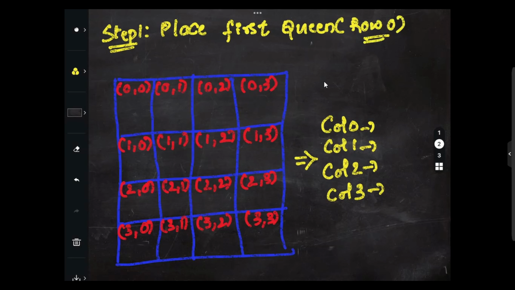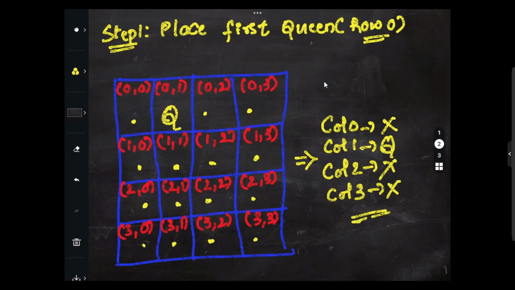So we are placing it at 0, 1, and all the others will be marked with a dot. So the first queen we are placing at 0, 1, the second column here. You can clearly see column 0 will be a dot, and in column 1 we have placed the queen. This one will be again a dot.